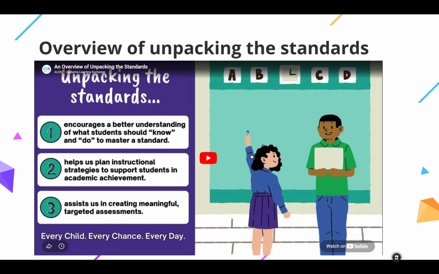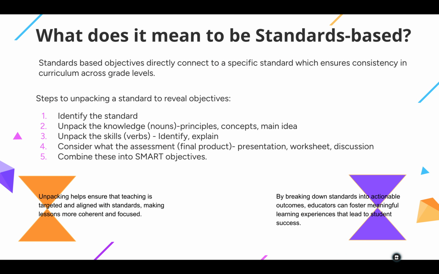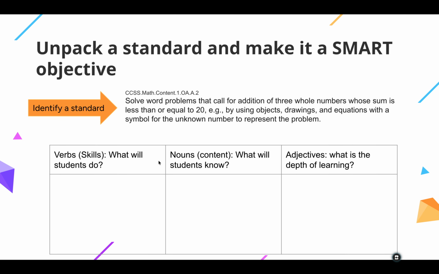This video in your materials is an overview of how you unpack the standards so that you can create your objectives. When we are unpacking the standards, you want to identify the standard, unpack the nouns, the verbs, and then the adjectives, and then you use that to help make your objectives SMART.